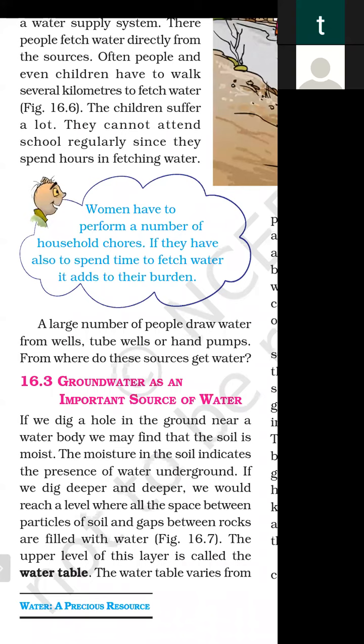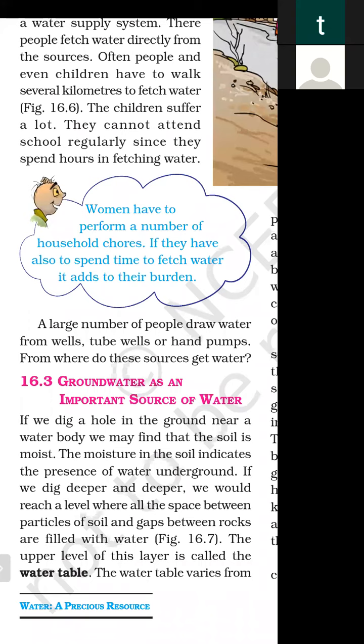The moisture in the soil indicates the presence of groundwater. If we dig deeper and deeper, we would reach a level where all the space between particles of the soil and gaps between rocks are filled with water. If we go further on digging, we reach a level where water is available for us.